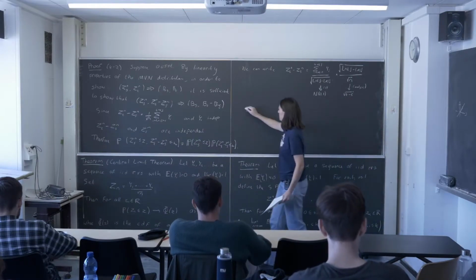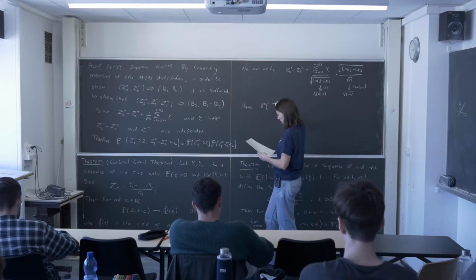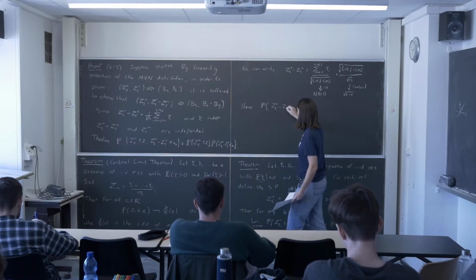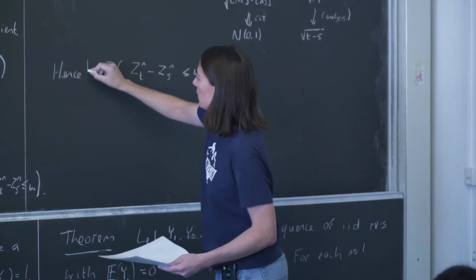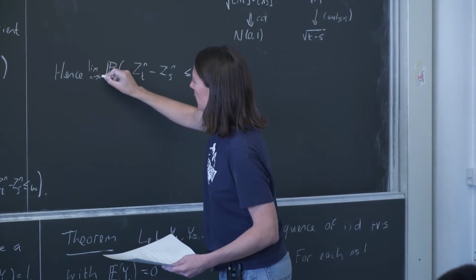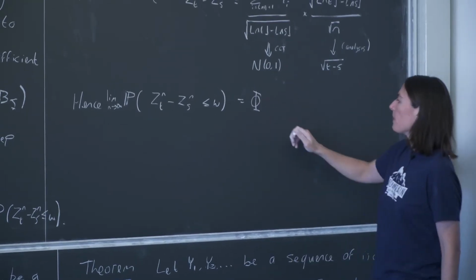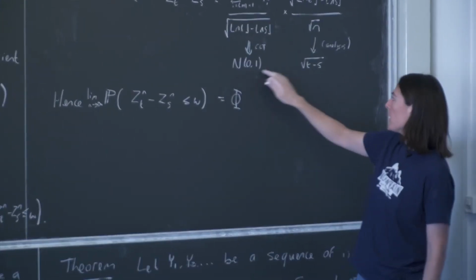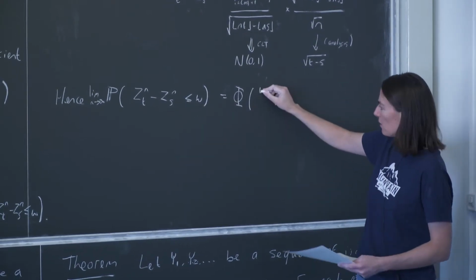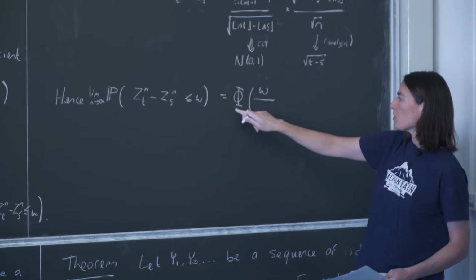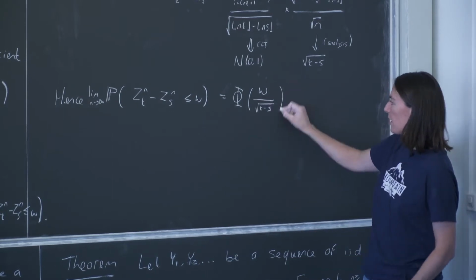And so hence this probability of Z_T^N minus Z_S^N less than or equal to w, the limit as n goes to infinity of that, is equal to the probability that root t minus s times a normal is less than w. And so that's just the normal distribution function at w divided by the square root of t minus s.